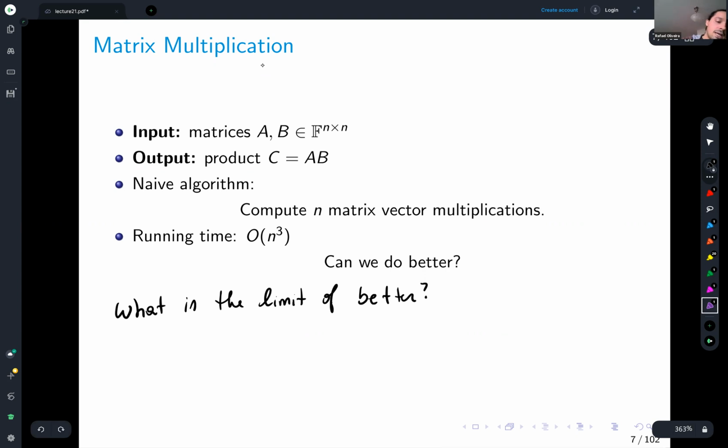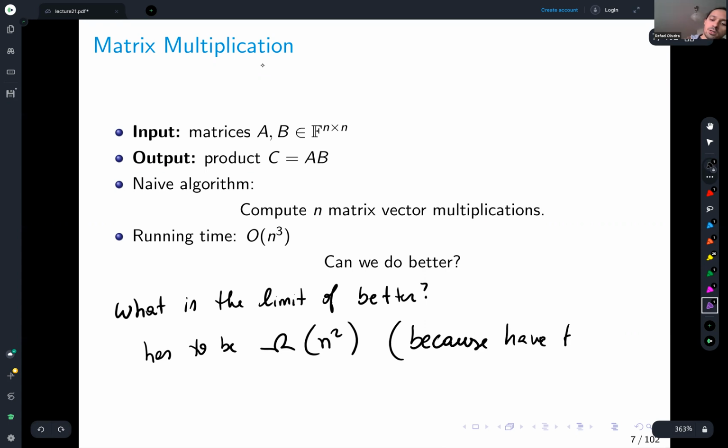Well, we know that it has to be omega of n squared, because I have to read the entire input, which has size 2n squared.